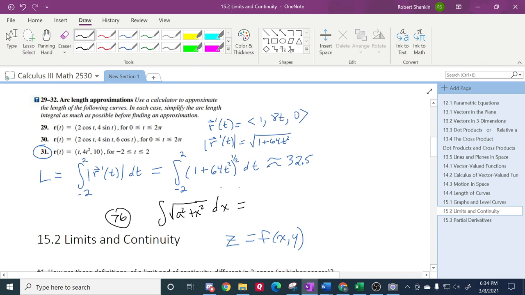So I got a completely different answer from the book answer, which is 32 point something. 32? No, I got 258. All right, let me do it this way with that rule when we come back from break, okay?